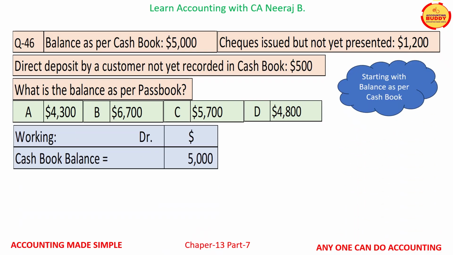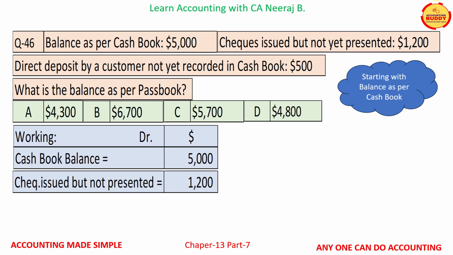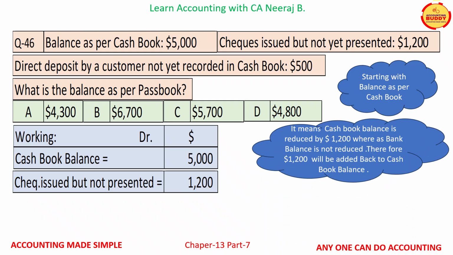Let us start with the cash book debit balance of $5,000. Now let us understand how the unmatched transaction of the checks issued but not presented for $1,200 will be treated in the bank reconciliation statement. It means the cash book balance is reduced by $1,200, whereas the bank balance is not reduced. Therefore, $1,200 will be added to the cash book debit balance.